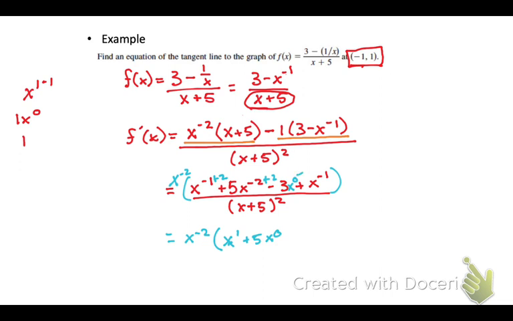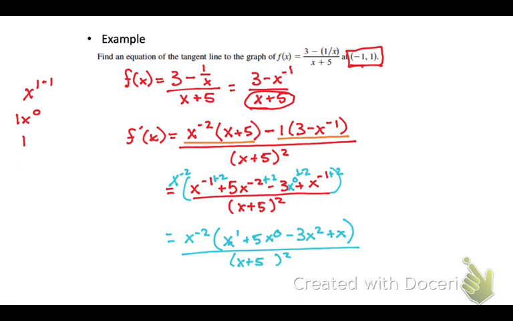Then we minus a negative 2, so it'd be negative 3x squared. And then we have minus a negative 2 again, so plus x, all over x plus 5 squared.